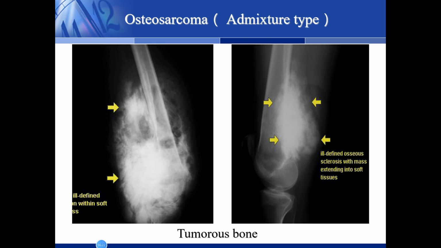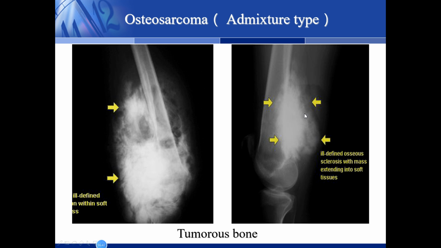Osteosarcoma. This is the admixture type, and here is the tumor bone. Here is the tumor bone, and you can see obvious sclerosis with mass extending into the soft tissue.